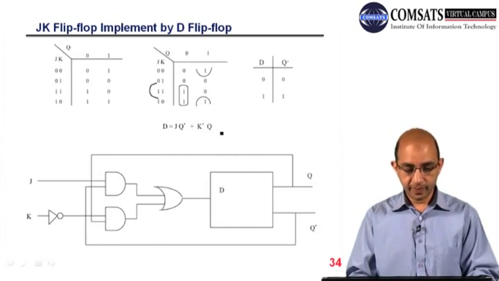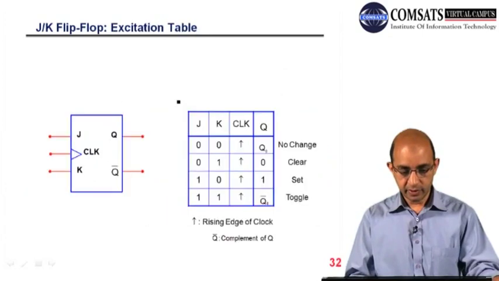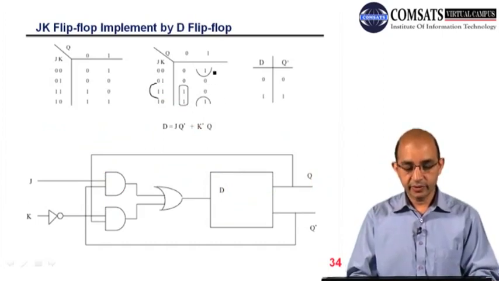So now we can have the placing of corresponding ones. If you look at the truth table of the JK flip-flop, we can fill this table. So 0, 0 and Q 0, 0, 1, so we have 0, 0 and then we have 1, 1, 1, 0.